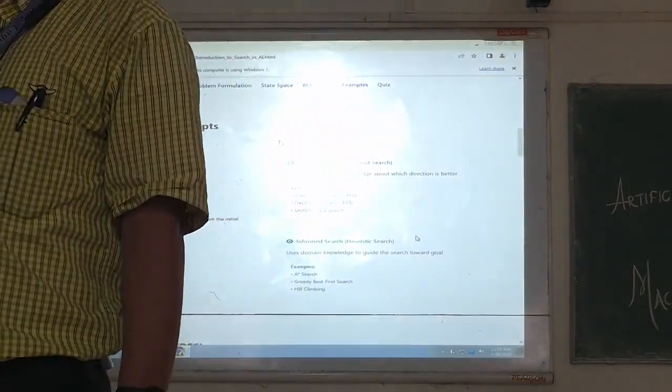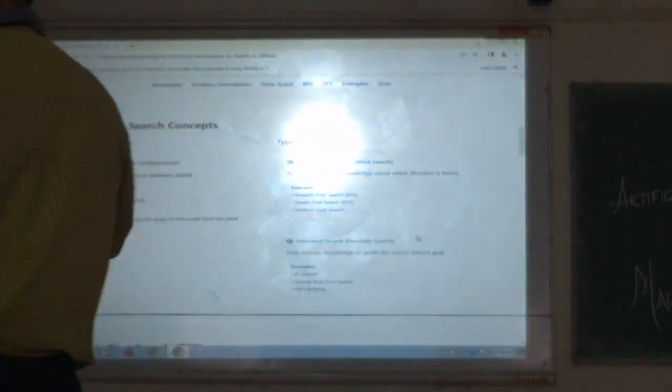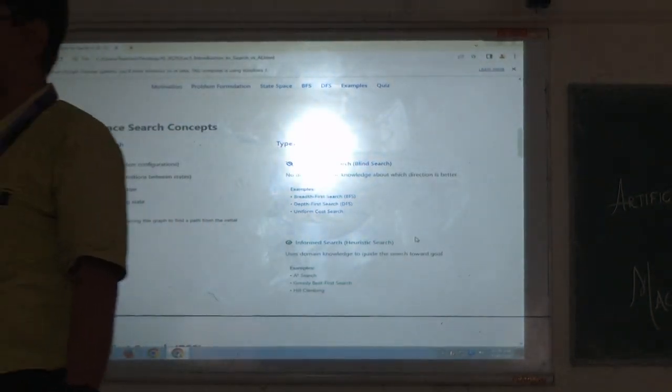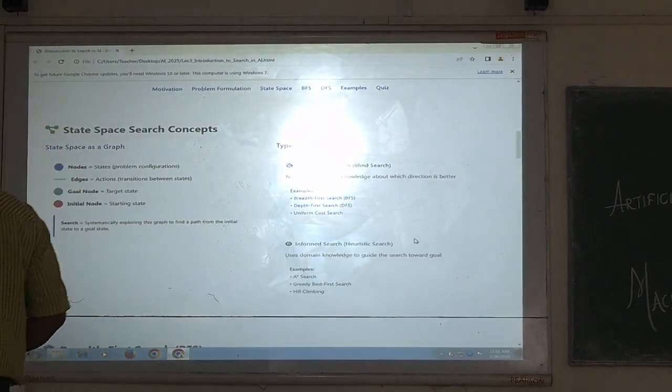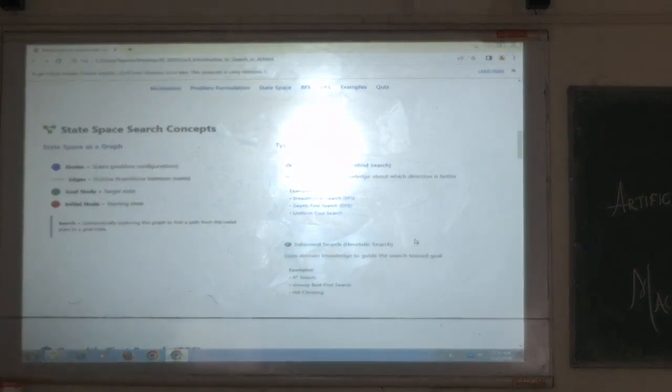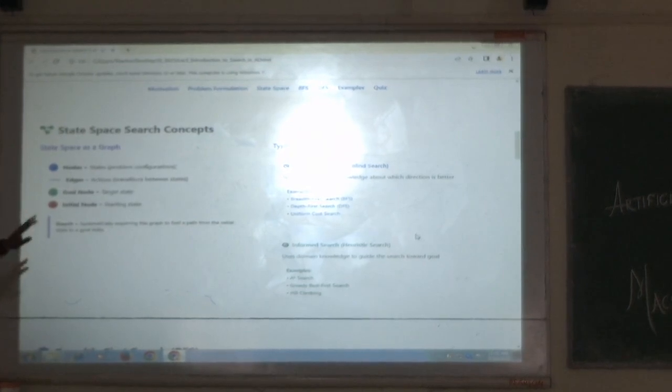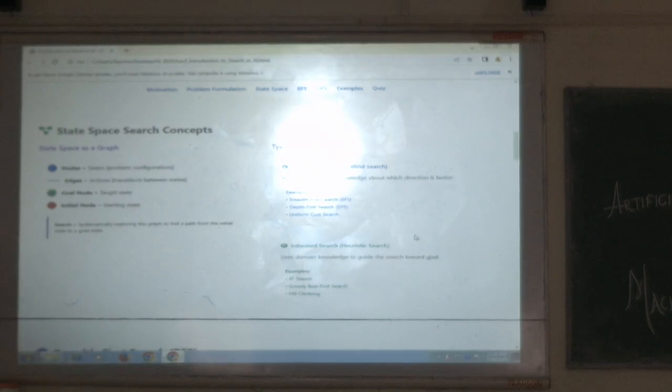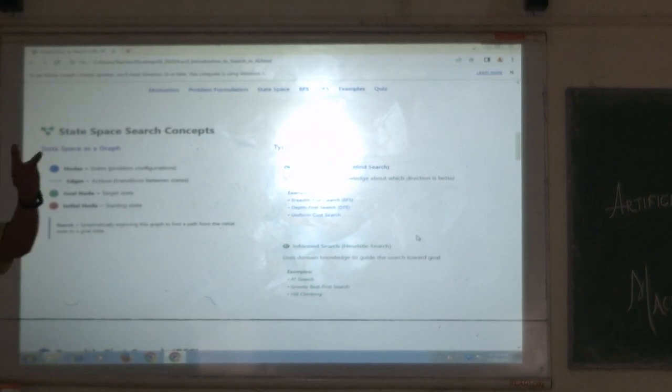In this way, I told you about tic-tac-toe also. So that can also be represented in the form of a state space graph. Normally in any state space graph there are 4 different types of symbols: nodes, that is the actual problem configuration, the states, as you know. Then the edges define the actions. I asked Abhishek to mark the edges, that which action it is performing.